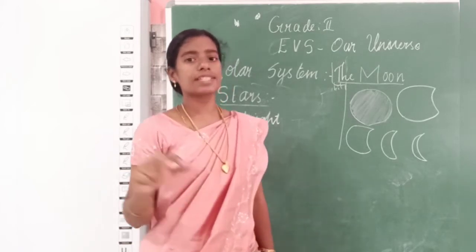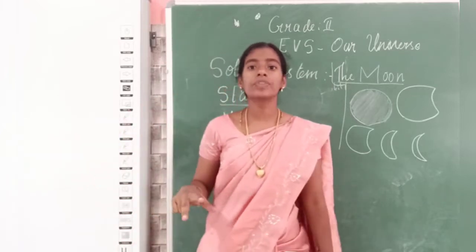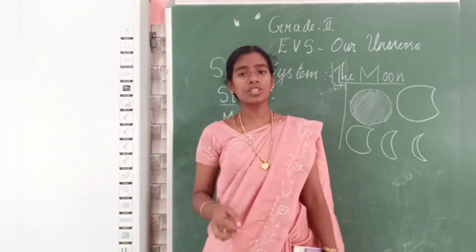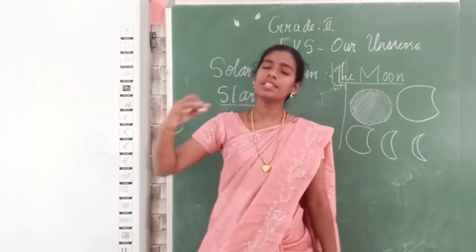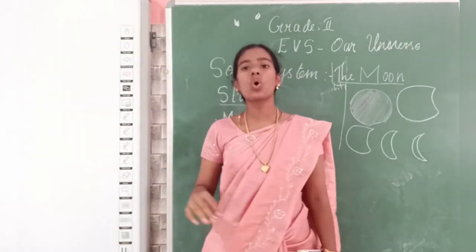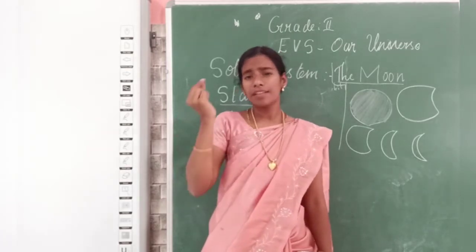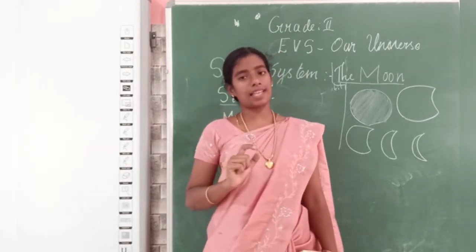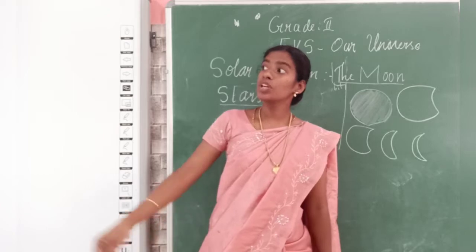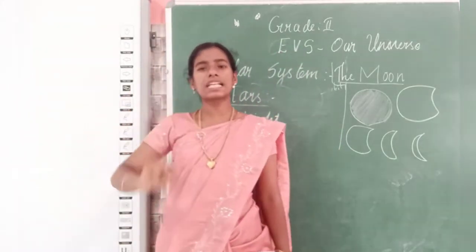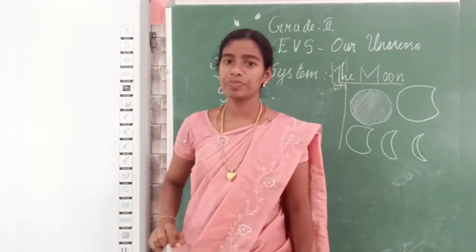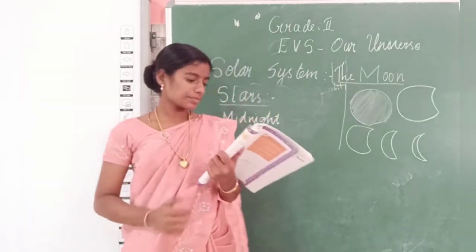No, actually the stars are also big in size, but they are present too far from Earth. They are present far away from Earth, so they are very small in our eyes. When we see from here, it is too far, so the stars look very small to our eyes.